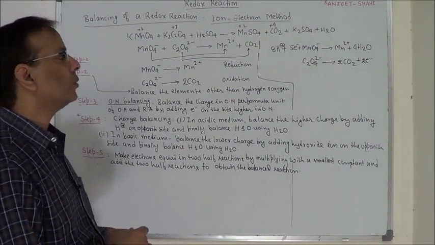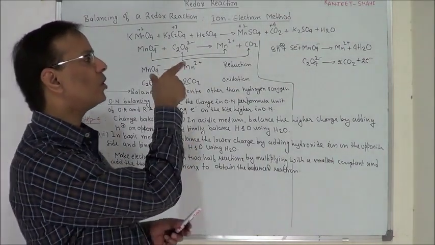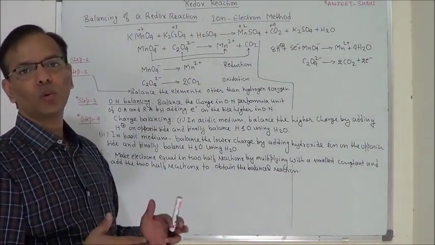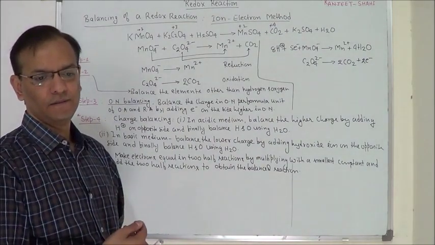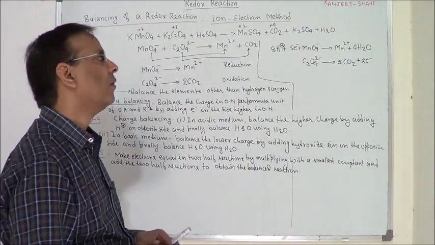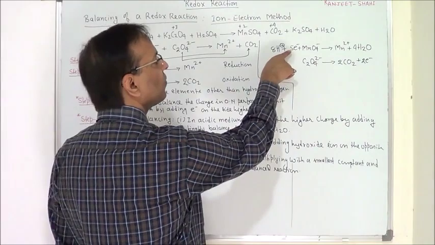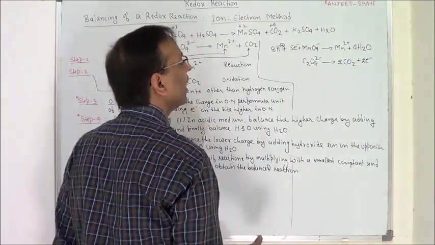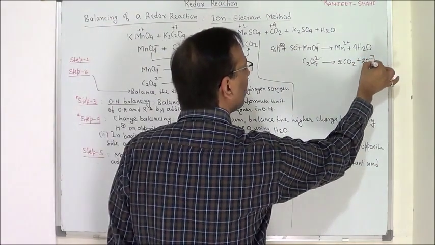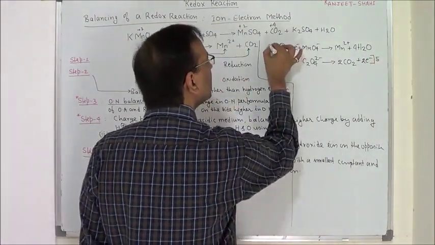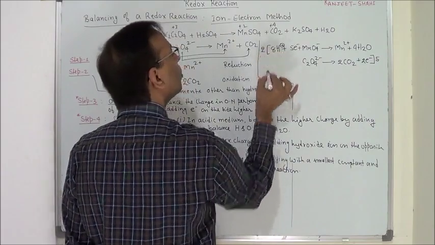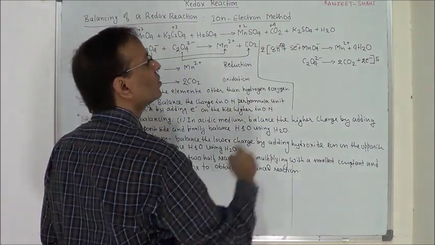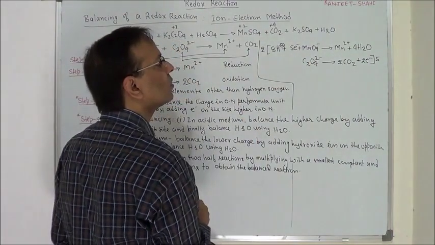What we'll have to do, we'll have to make the electrons in the two half reactions equal so that when we add them, the electrons get cancelled. And we can see that here we have 5 electrons, here we have 2 electrons. So if we multiply this by 5 and this by 2, then there would be 2 into 5, 10 electrons, 5 into 2, 10 electrons.